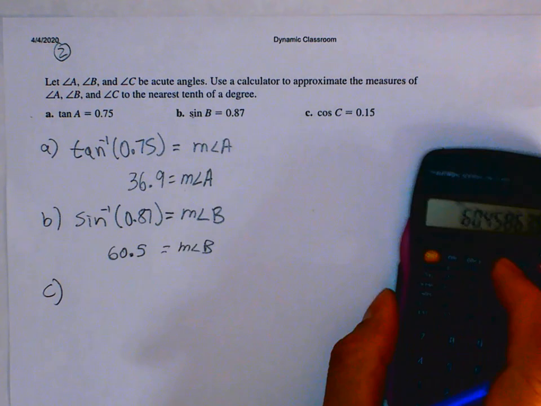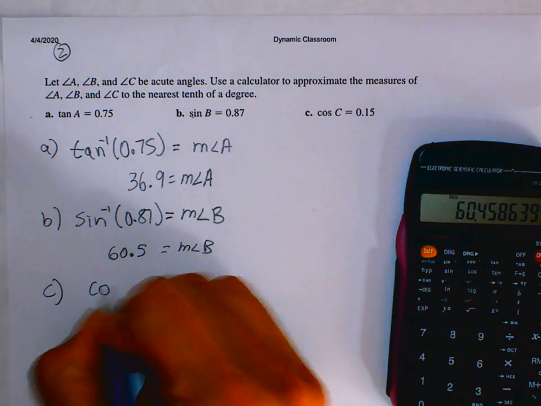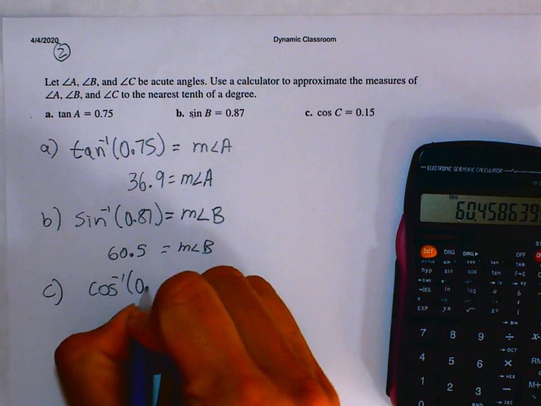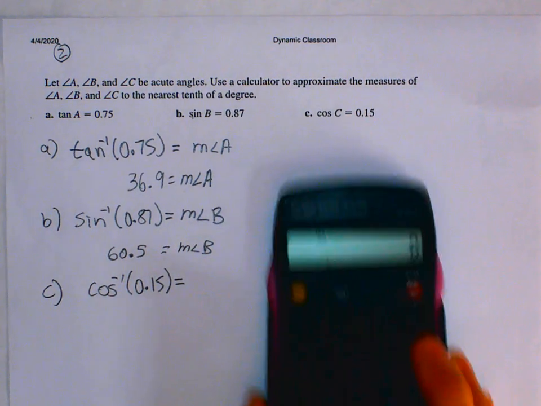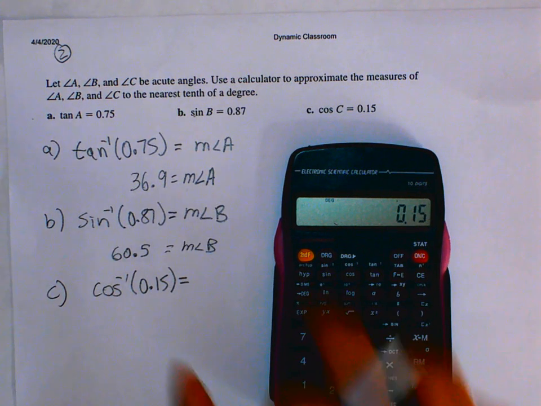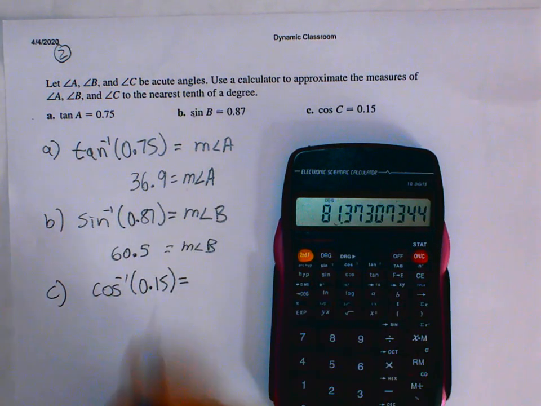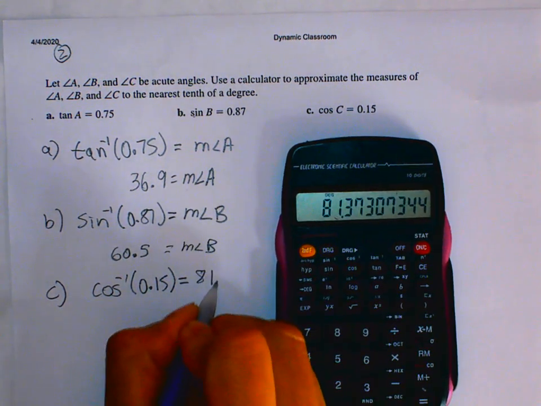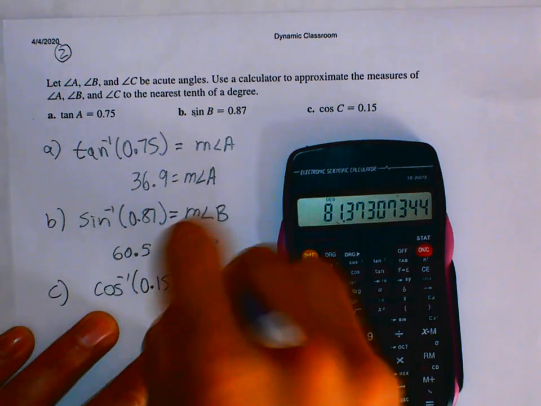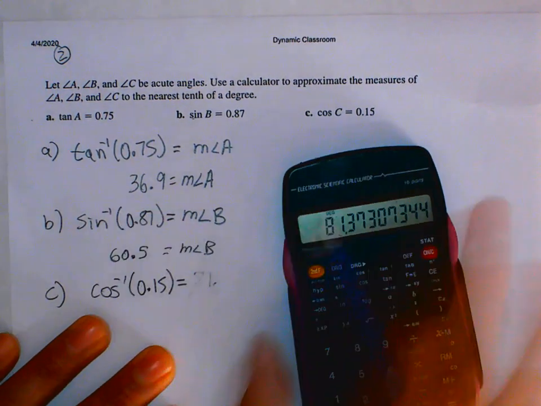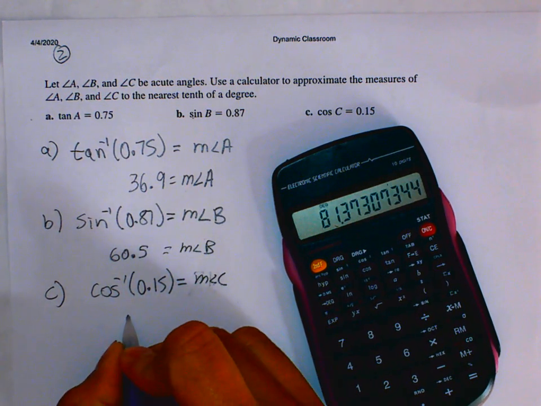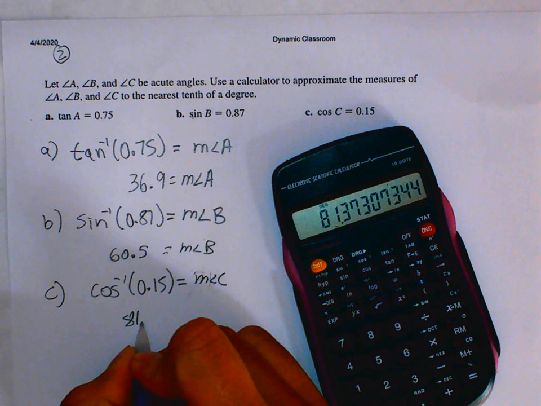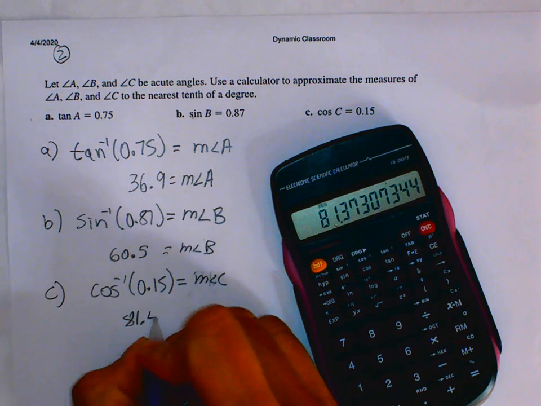And the last one for that, cosine inverse of 0.15, put it in the calculator. Is equal to the measure of angle C, and that gave me 81.4.